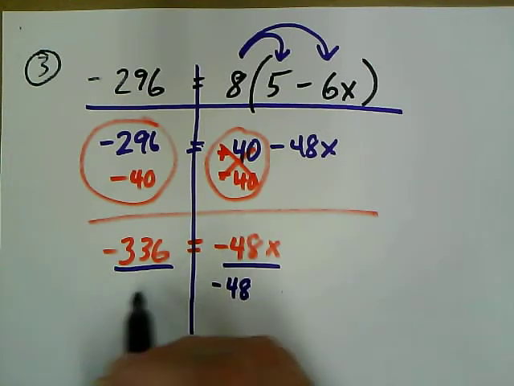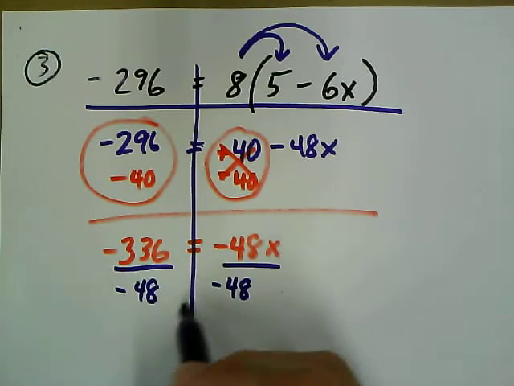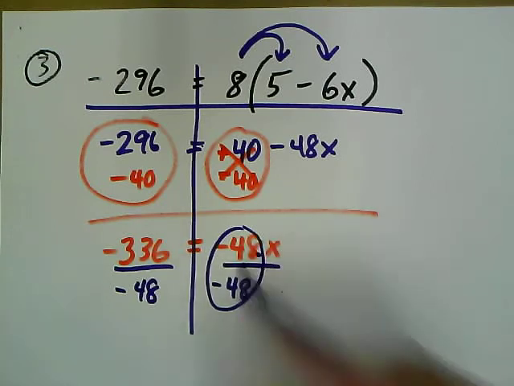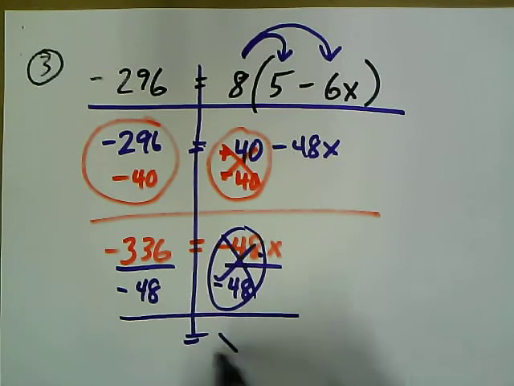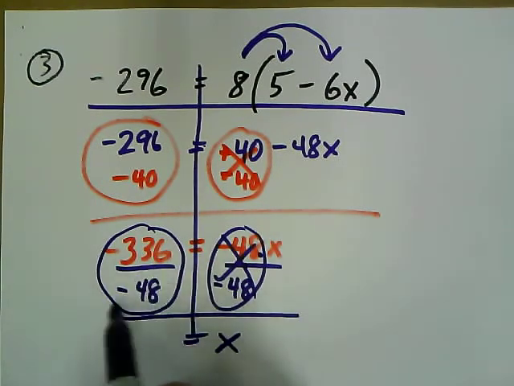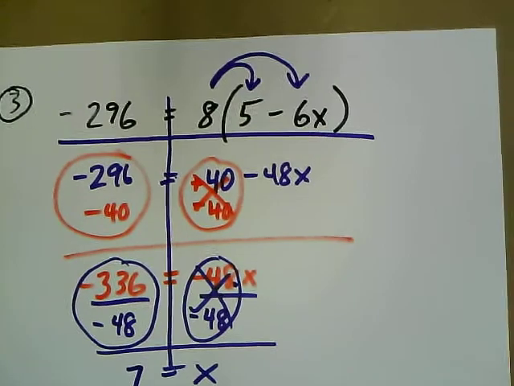Don't do 48. 48 will give you negative 1, and we don't want that. So our opposite operations, because it's multiplication and division, are gone. That leaves us with just the x. And negative 336 divided by negative 48 is 7. It is? Okay, good.